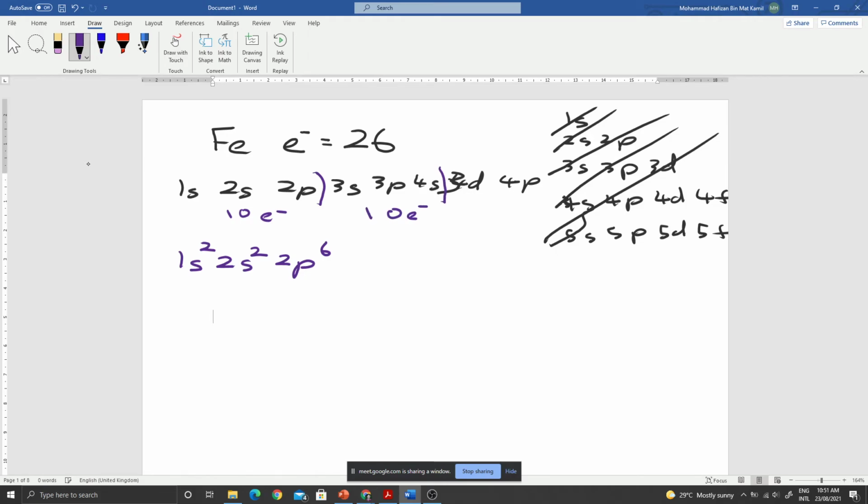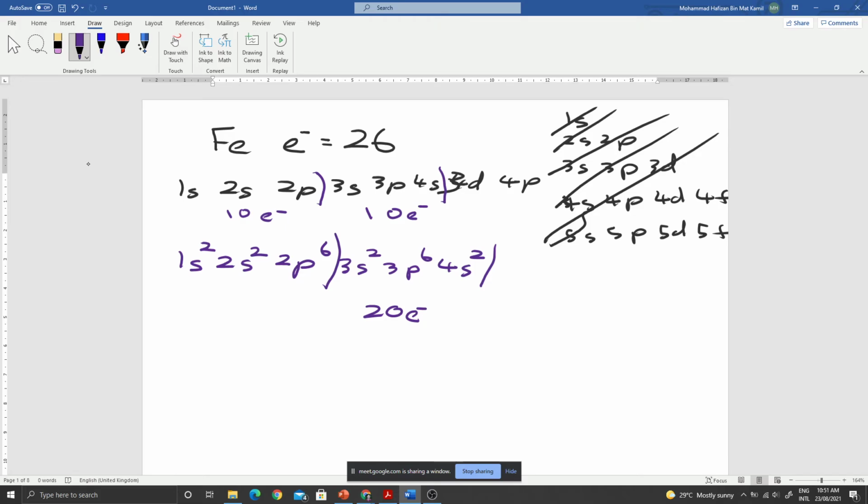Okay, so and then kita isilah lagi 3s, maksimum dia 2 elektron, 3p maksimum dia 6, 4s maksimum dia 2. So as a general rule sampai 4s ni you have 20 elektron sebab sini 10, sini 10. Kalau tak percaya kira 6 tambah 2 tambah 2 10. Okay, 2 tambah 6 tambah 2 10 kan. So you have used 20 electrons, right?